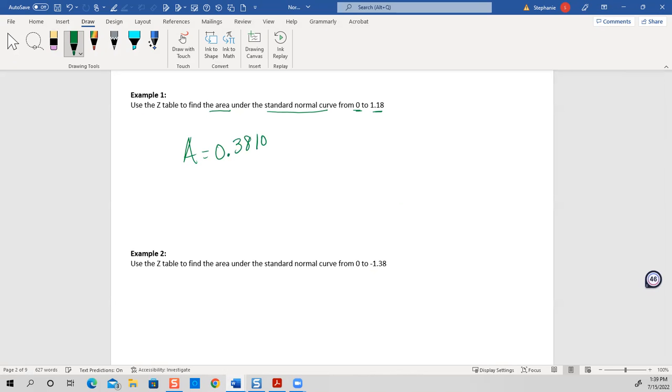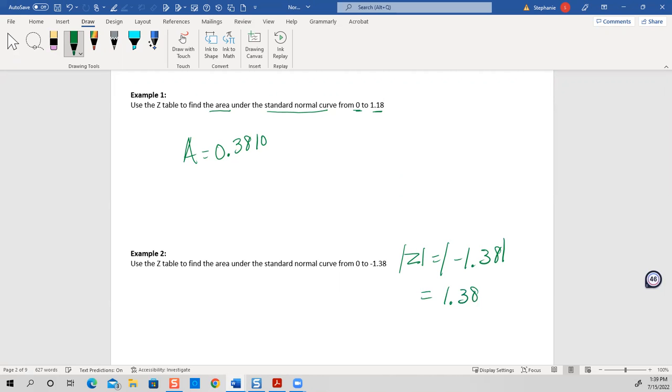Okay. So on the second one, it says do the same thing. We're finding the area under the standard normal curve, except this time it gave us 0 to negative 1.38. And you notice the z-table doesn't have negative values. So what we're going to do is find the absolute value of this. And what we know is when we take the absolute value, it ends up being positive.